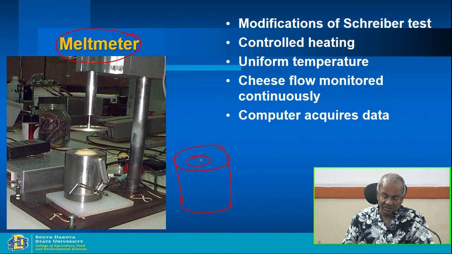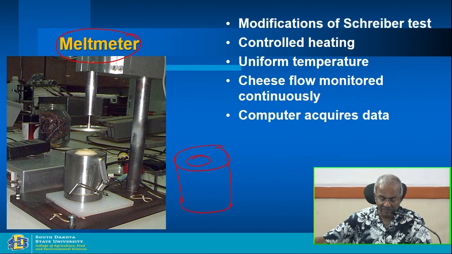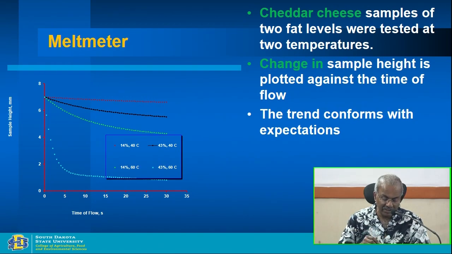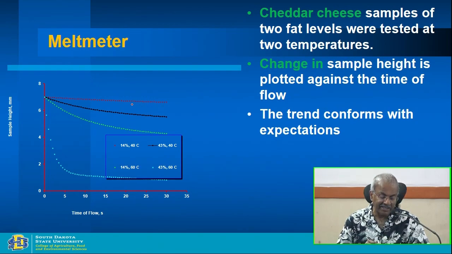Once it reaches the melt temperature, you activate this lever and the cheese comes up, and you have the top disc on top of that. As the cheese flows, you just follow the flow of cheese with respect to time. So it's a controlled heating, uniform temperature, the cheese flow is monitored, and the computer acquires the data. At the end of the day, you get this kind of characteristics.